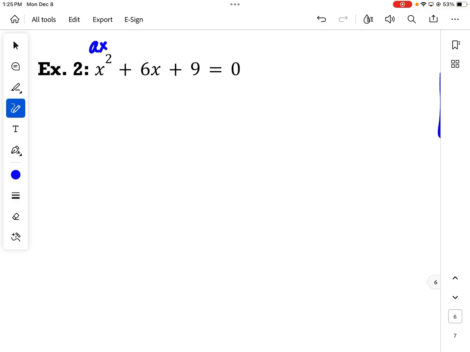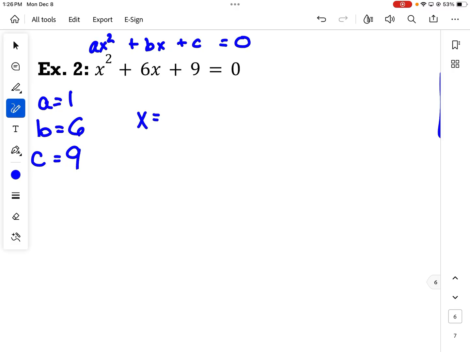Okay, let's label A, B, and C. So A, what is A? 1. B is 6, and C is 9. Okay, good. So then we use our formula. So look back at your formula. X equals negative b.